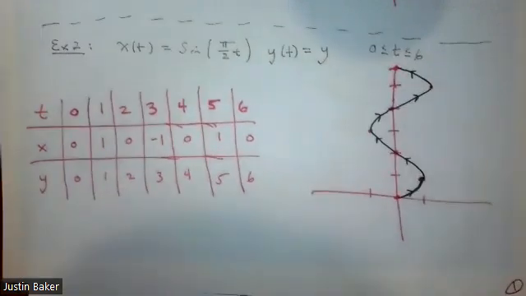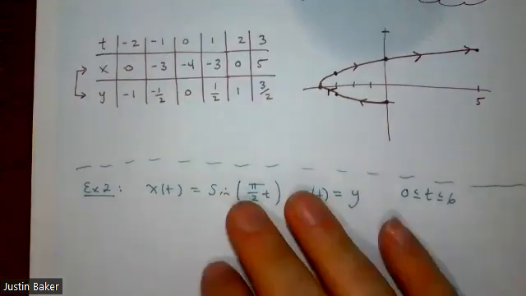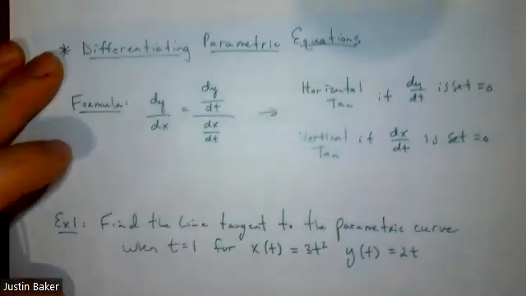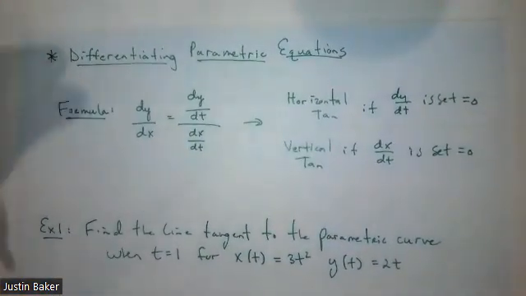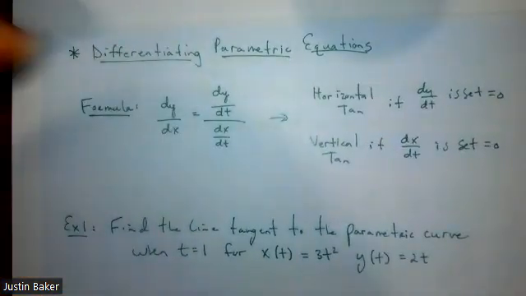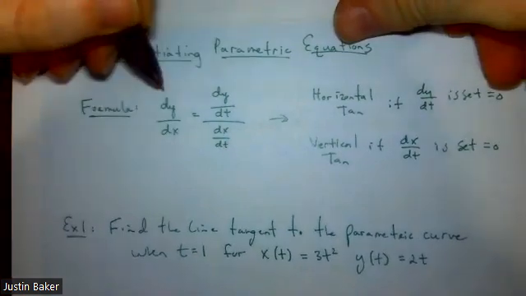Okay, anyways, that's the gist here on graphing one of these. The more important thing that we're going to be looking at with these will be taking derivatives of them. So our format for taking a derivative is right here.